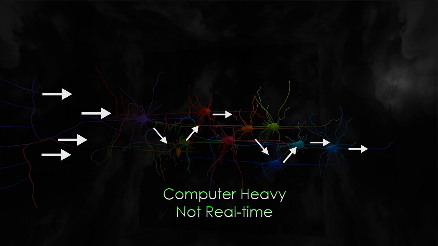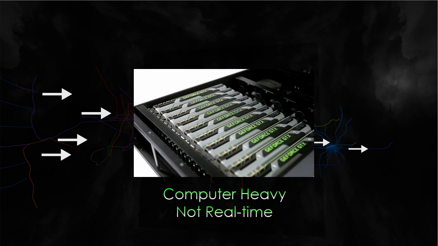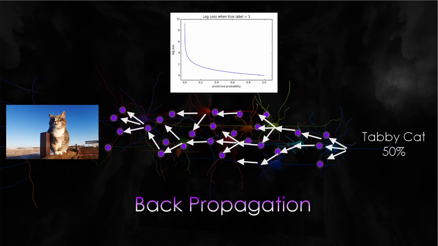That's really computer heavy, and it's not real time. Hence all the NVIDIA GPUs. And that's it. That's what backpropagation is. An offline version to try to get the input and the output to settle by propagating backwards and reducing the loss between the two. It's strange and very different from the first three models we talked about.